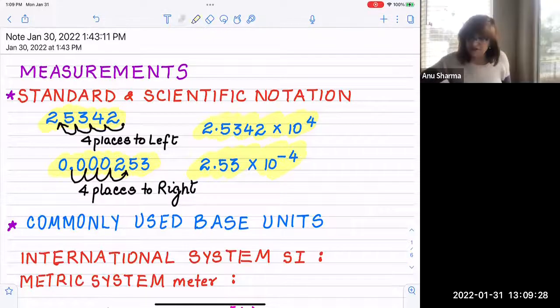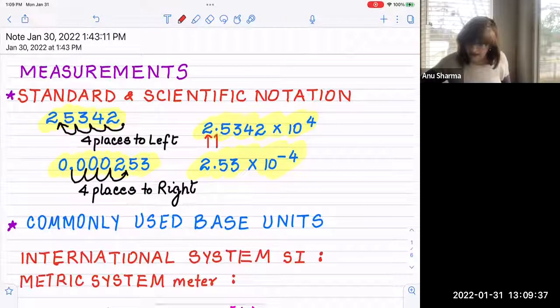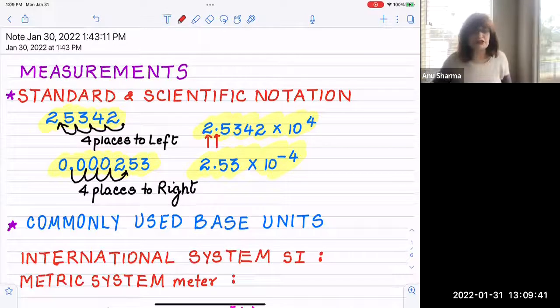For a scientific notation, keep in mind that it's always the first digit, then the decimal goes after that, and then whatever numbers we want to keep. In this case, we move the decimal 4 places to the left.